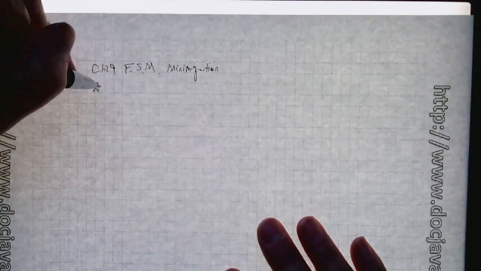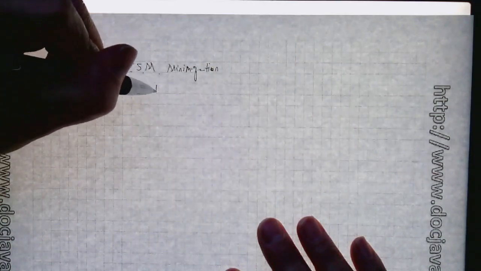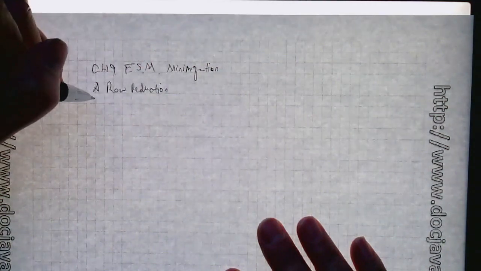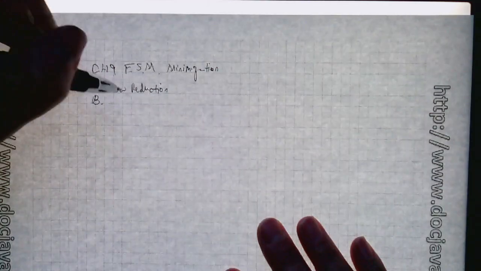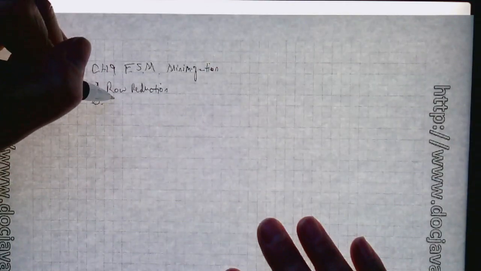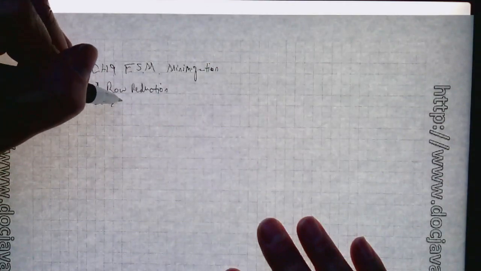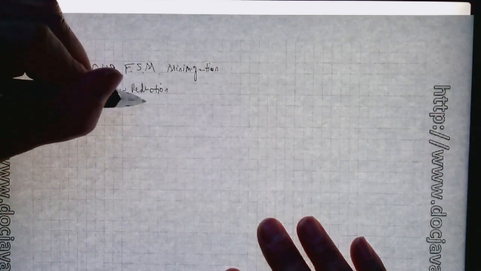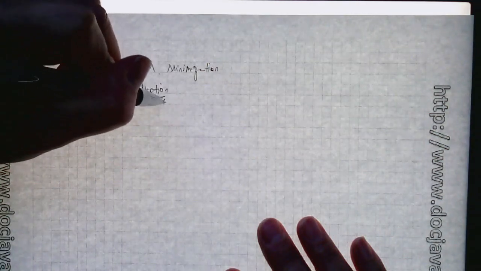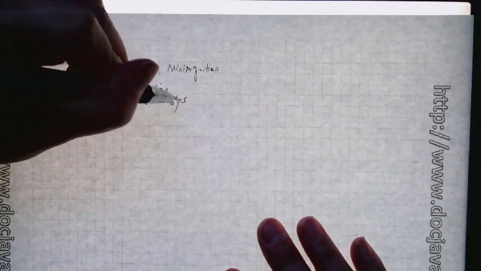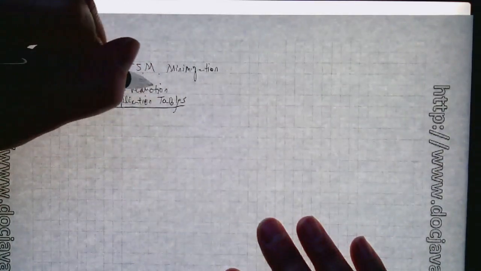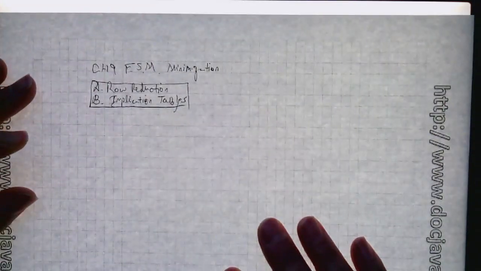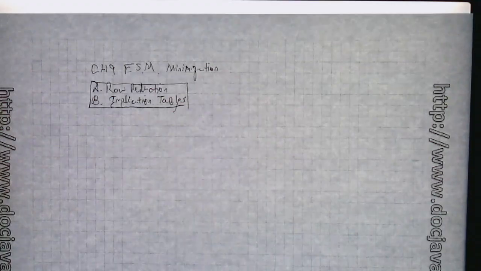The first one is called row reduction, and the second one is called implication tables. And both of these appear in the homework.